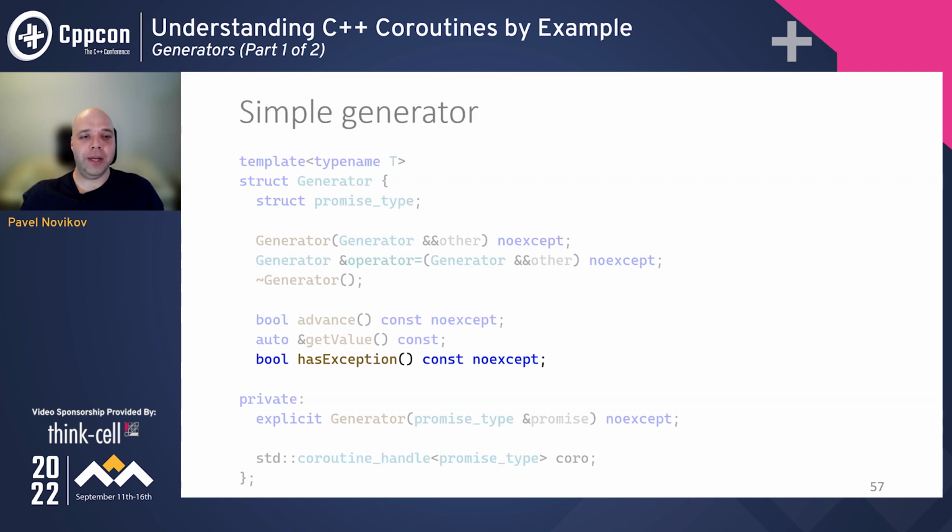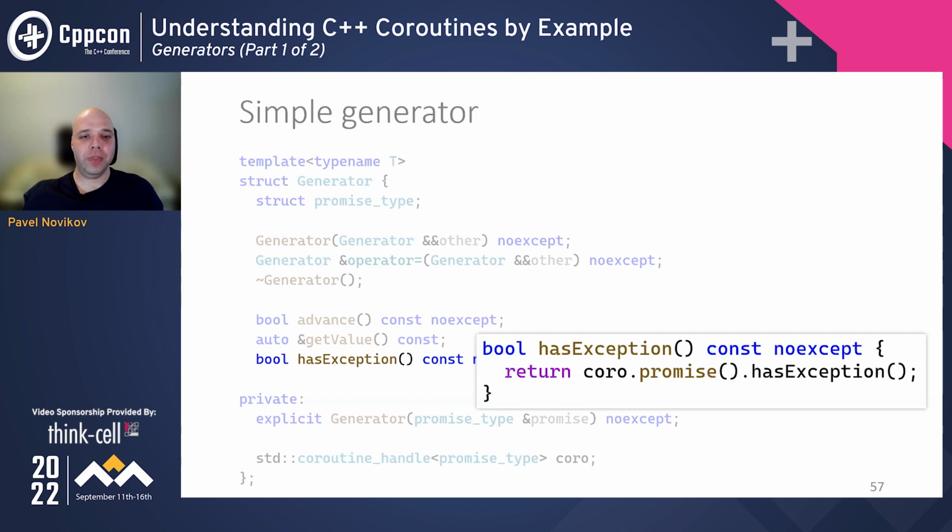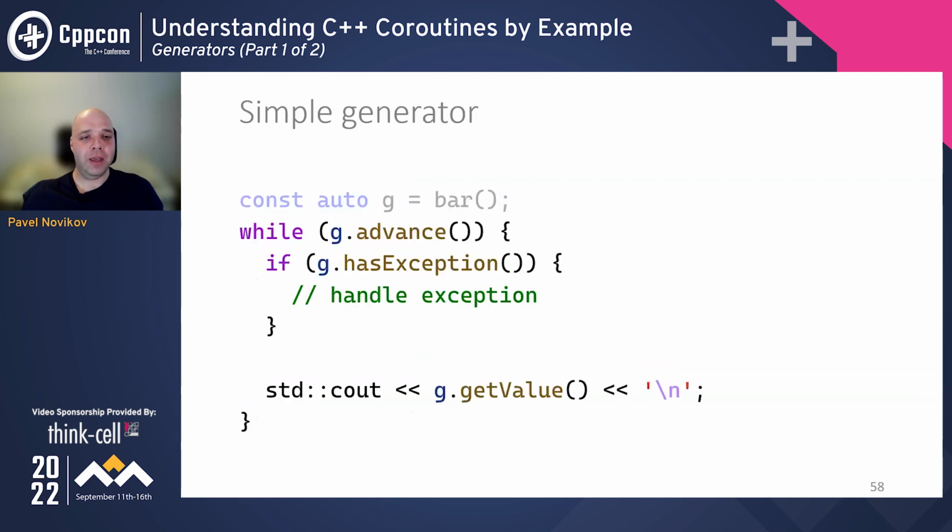Okay, we can add a has exception member function, which is implemented like this. We just return the result of the check if we have an exception, and we can use it like this. In case we have an exception, we can somehow handle it, and otherwise we can call get value.